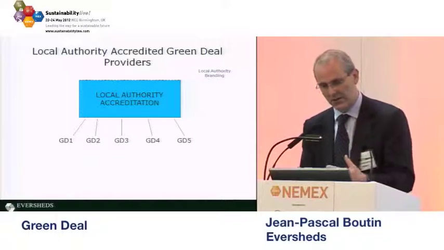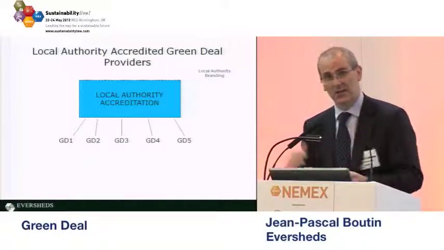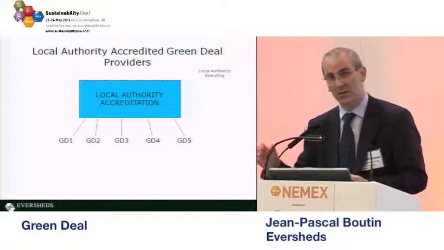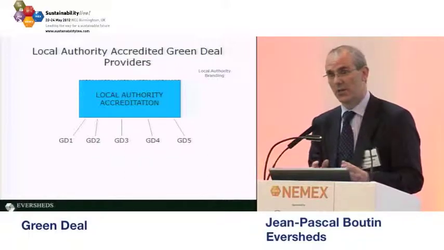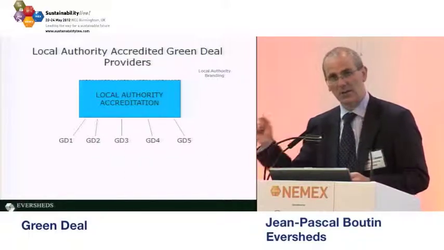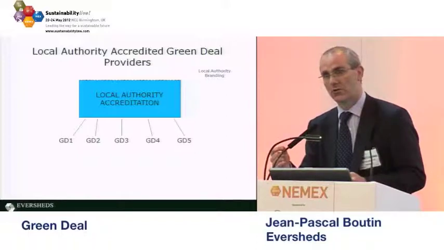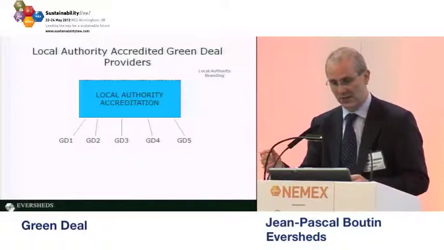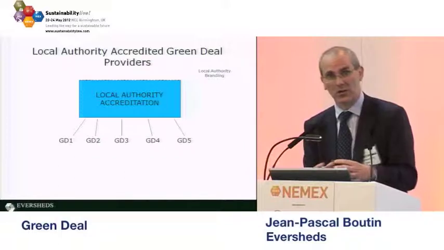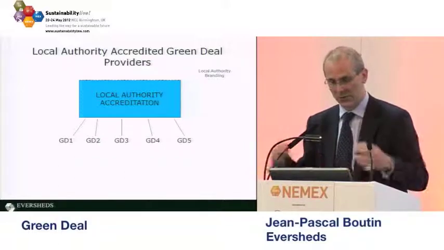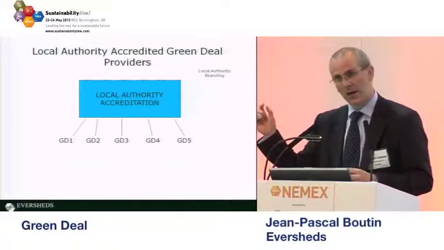The advantage of this model is potentially they don't have to go under the procurement regulations, and so you won't end up with one Green Deal provider, and it does mean that all the local tradesmen and the local SMEs can apply to join this local authority panel, as it were.